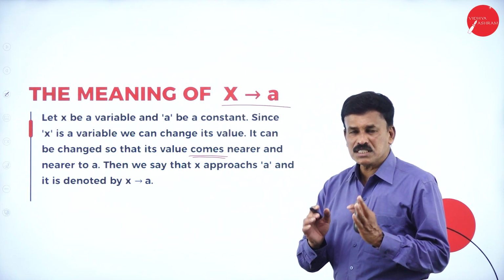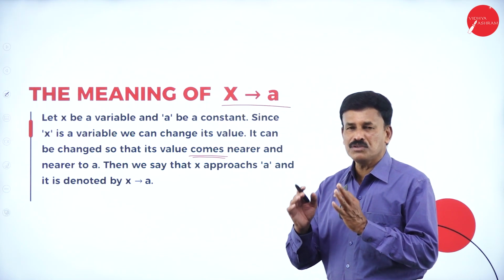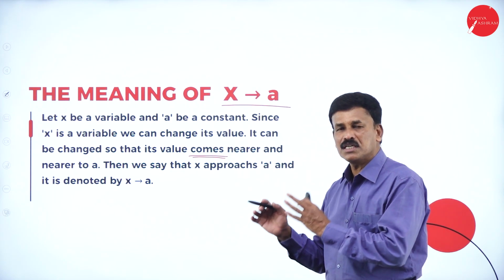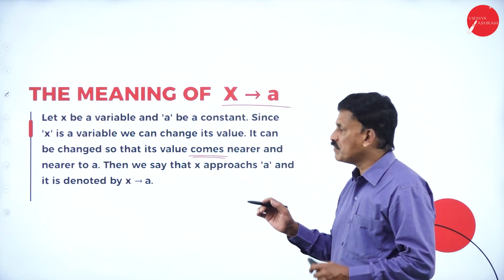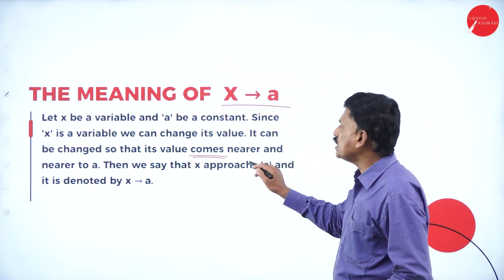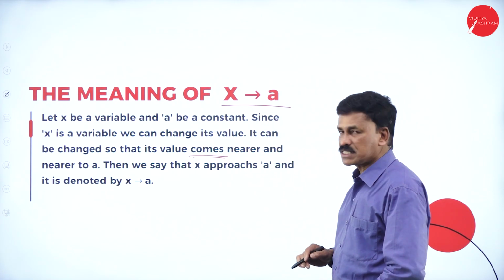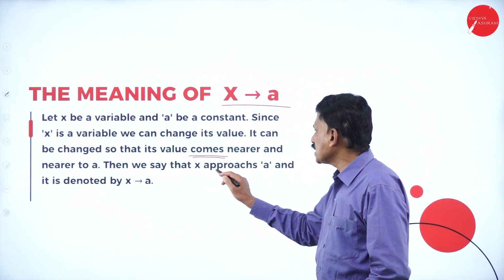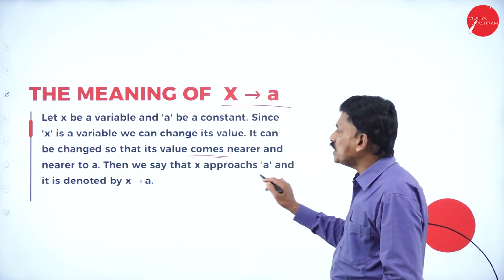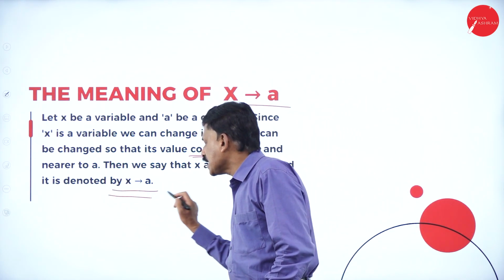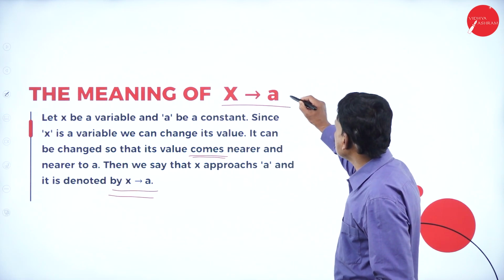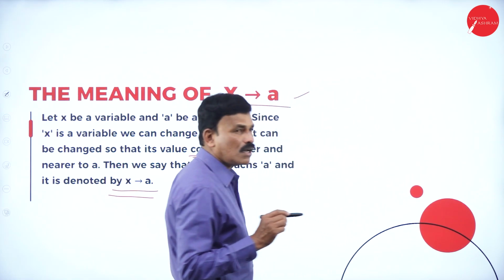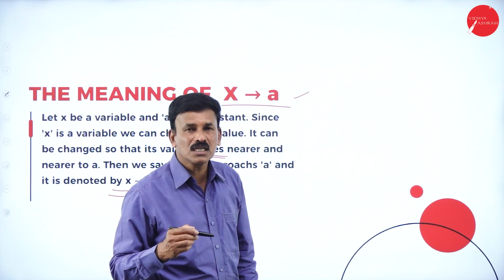The value of x approaches a value nearer and nearer to a. That is, we say that x approaches a and it is denoted as x tends to a. This means x approaches a value which is nearly equal to a.